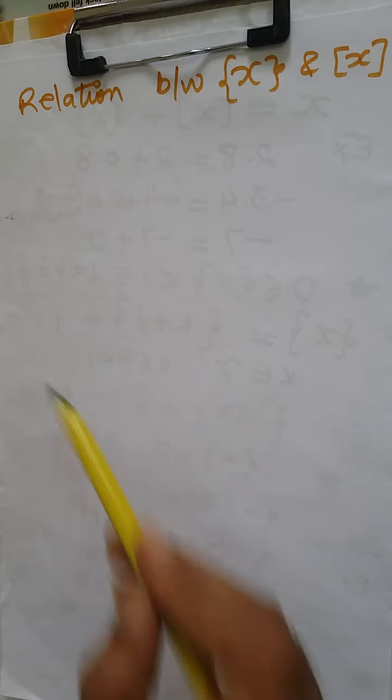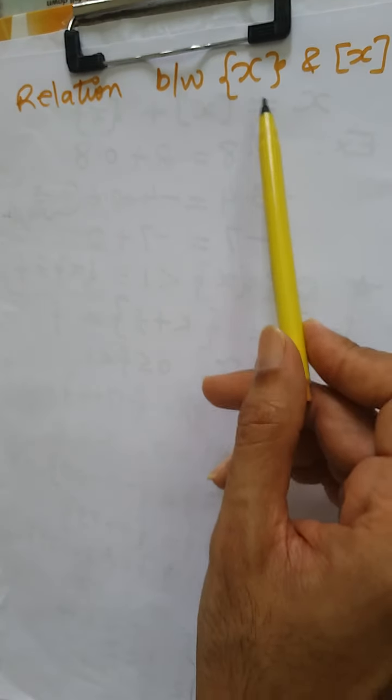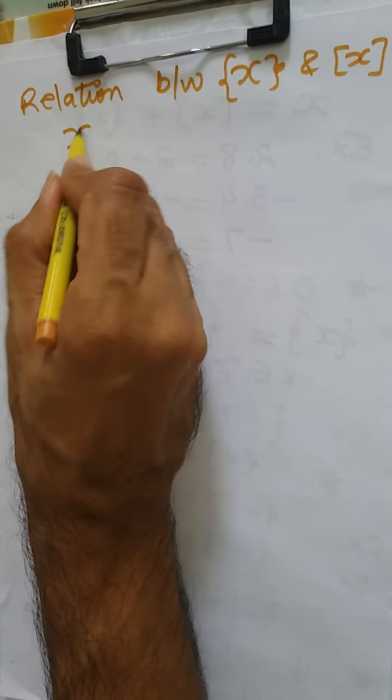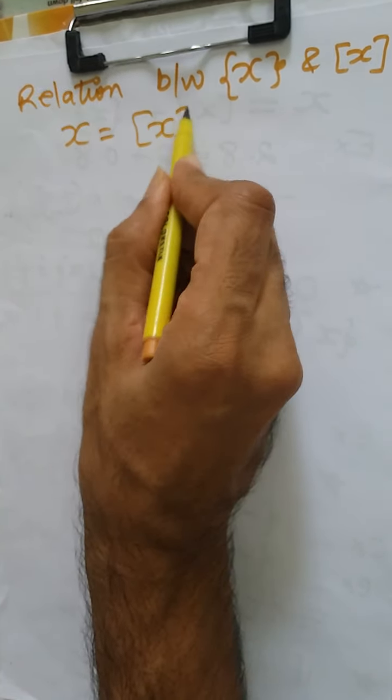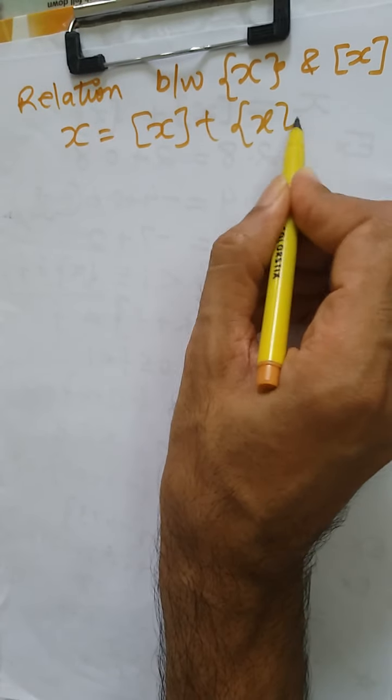What is the relation between fractional x and greatest integer x? Which relation can we use? Yes, what we initially did, expressed x as greatest integer x plus fractional x.